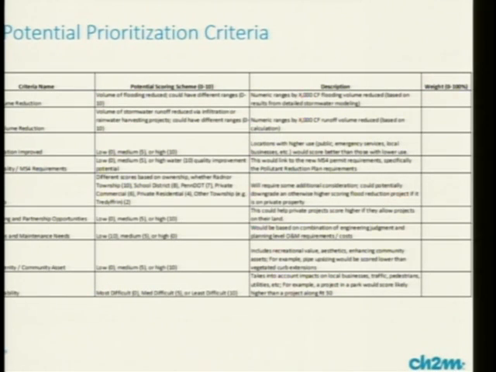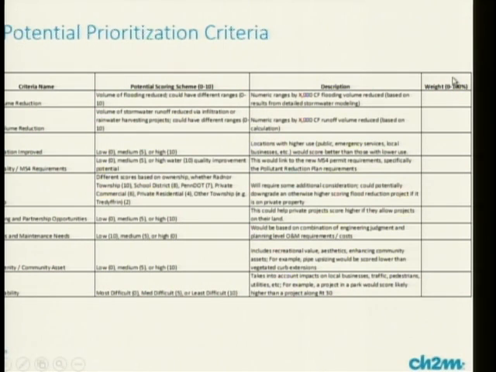So, this is a slightly updated criteria list. You've seen a version of this before. We just made a couple minor edits based on some of the feedback that you've given and we received from the public. But I think what we're missing here are the weights. I say 0 to 100%, it can be 0 to 10 or whatever we want to do.